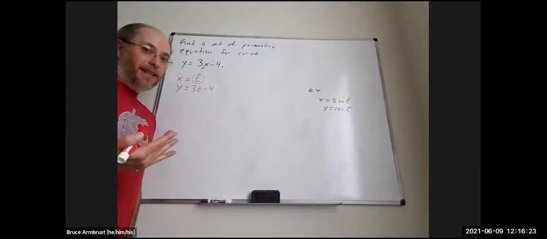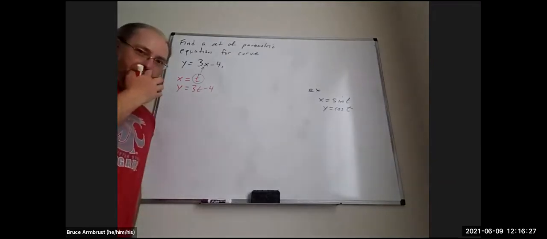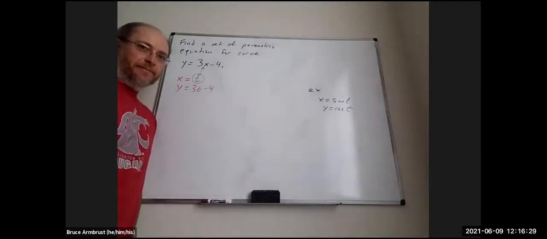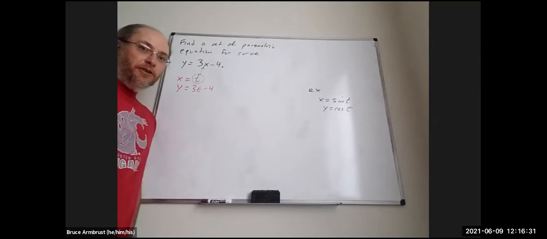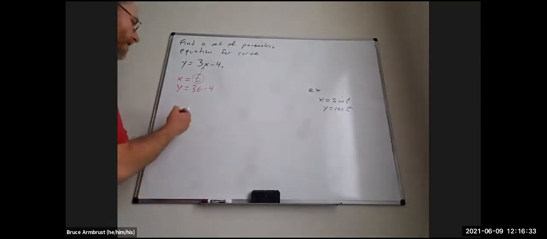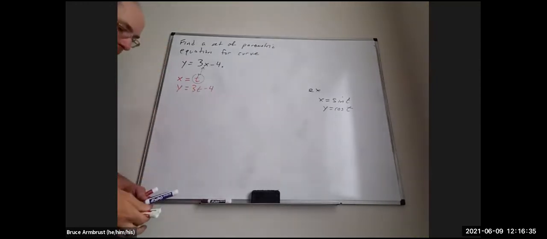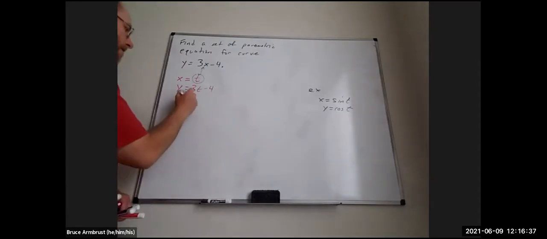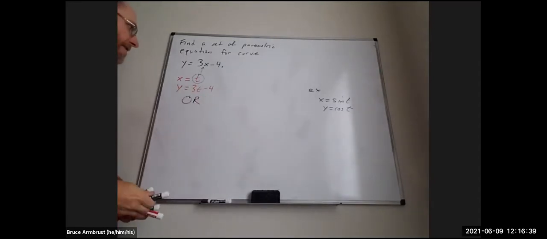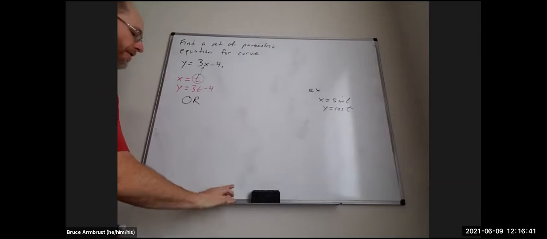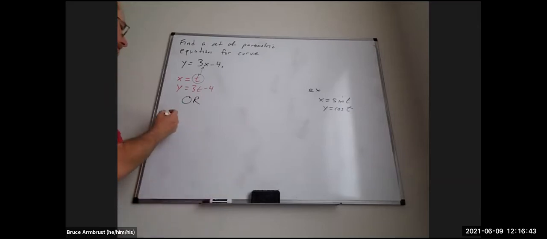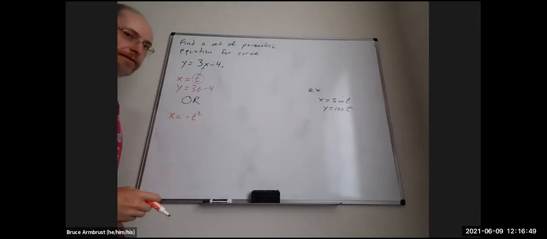If all you need is a parameterization, let x equal t. But we could have chosen anything, right? So there was one of them. Here's another parameterization for this curve. How about x equals negative t squared.